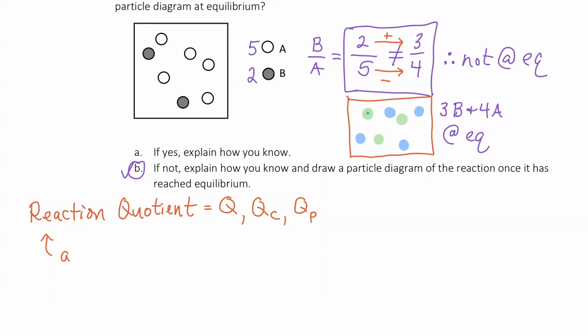Q is for any point, regardless of whether it's at equilibrium or not. We just don't know, okay? Q is used if it's unknown whether the system is at equilibrium.